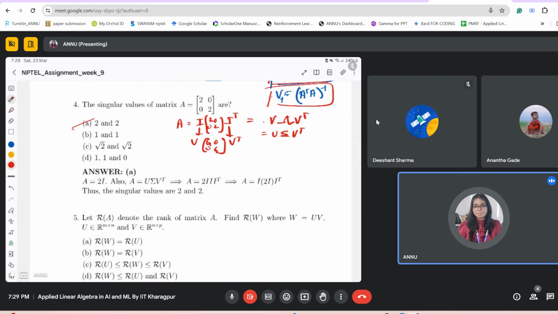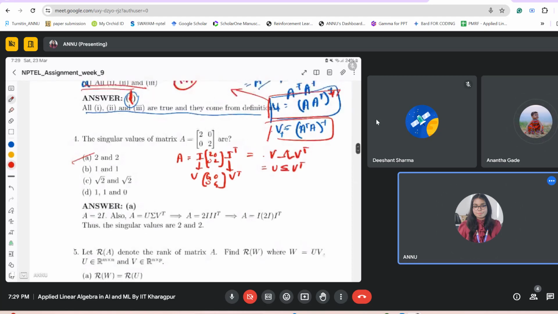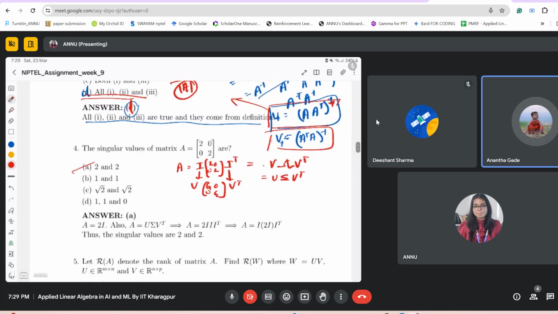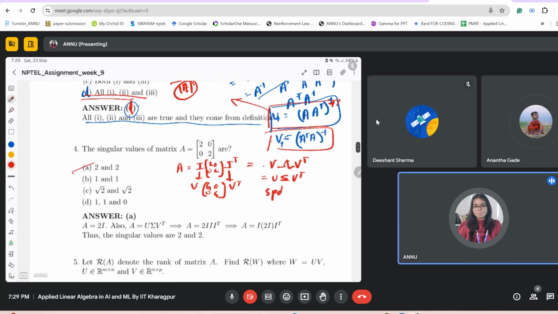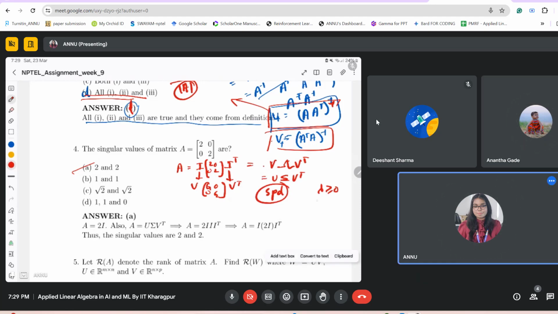So let's see this answer. If the matrix is symmetric and positive semi-definite, what happens in that case? Symmetric but positive semi-definite. In that case, it can be equal to 0. It is not required to be strictly greater than 0.